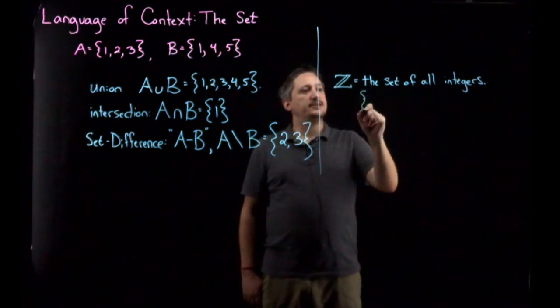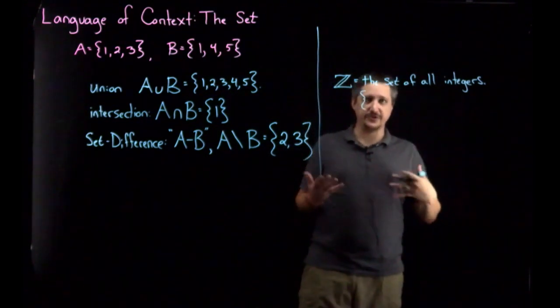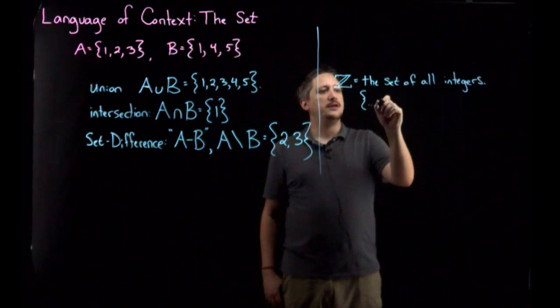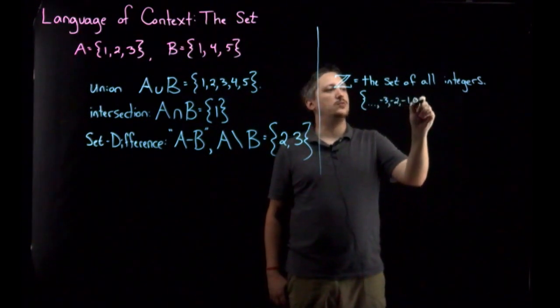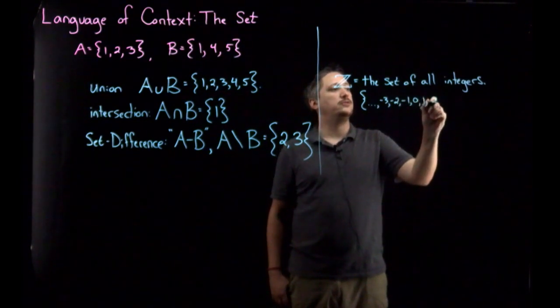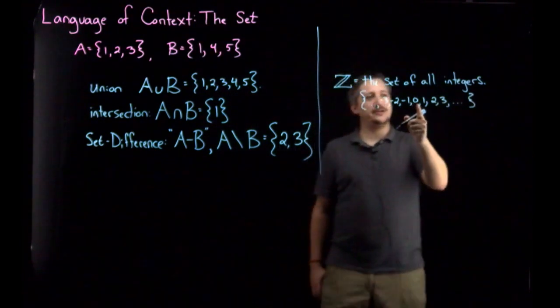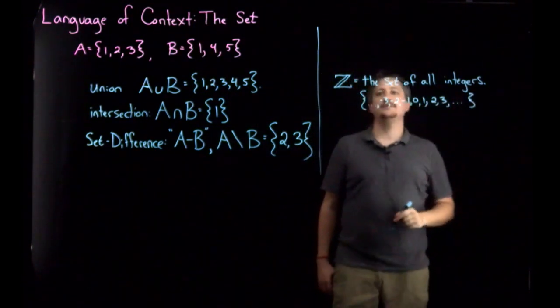To be very explicit, if I were to write this in list form, with the ... example, it would be, let's say, -3, -2, -1, 0, 1, 2, 3. So it's basically your whole numbers going infinitely positive and infinitely negative, okay?